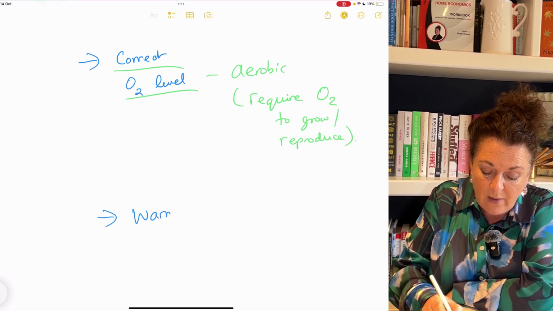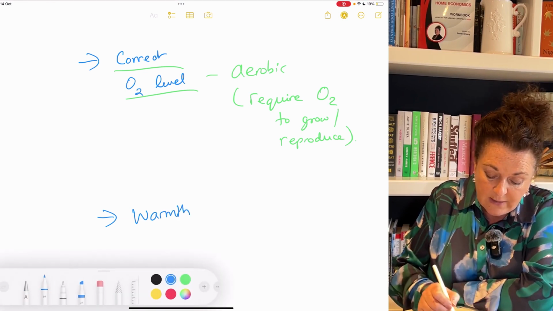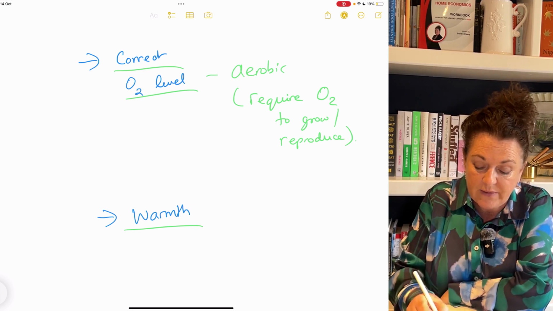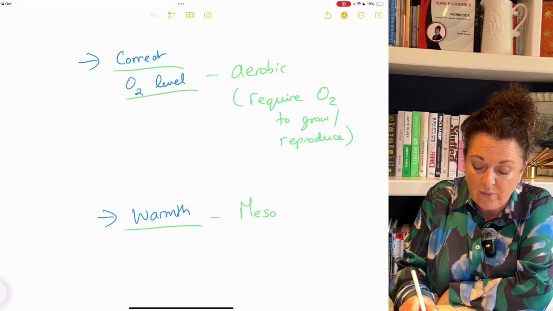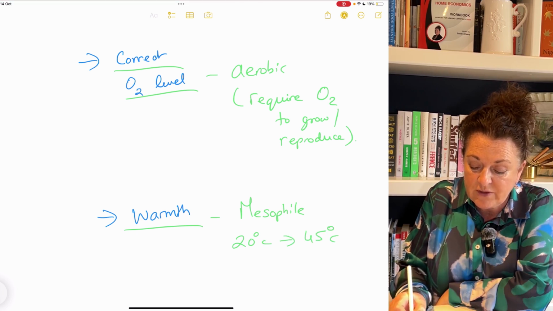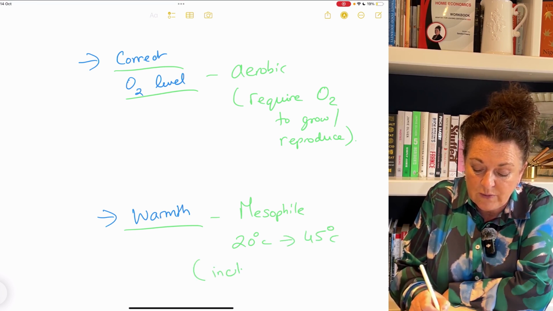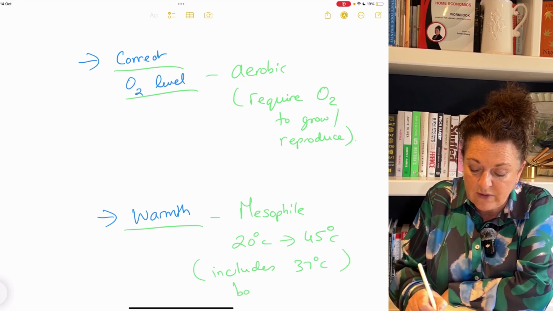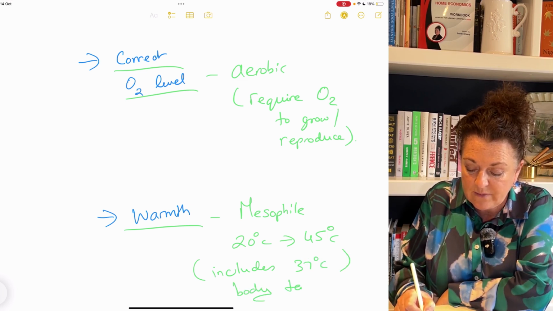And then we'll take one more, which happens to be warmth. Now, like Salmonella, we note that E. coli happens to be a mesophile, that's a range between 20 and 45 degrees centigrade, but it includes body temperature of 37 degrees centigrade.